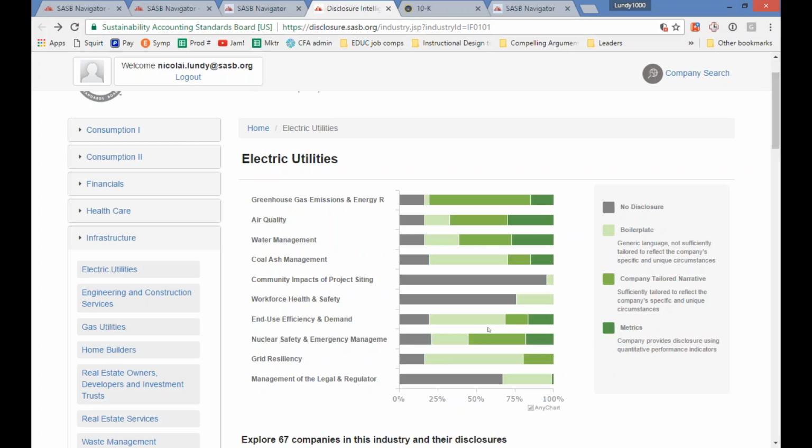Another question we've received, do you only use U.S. companies as the basis for your data? No. So for both the performance ranges, for the research that we did, and for the disclosure analysis, it's not just U.S. companies. We have focused on publicly listed companies.